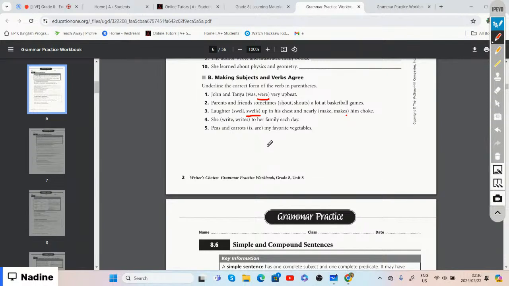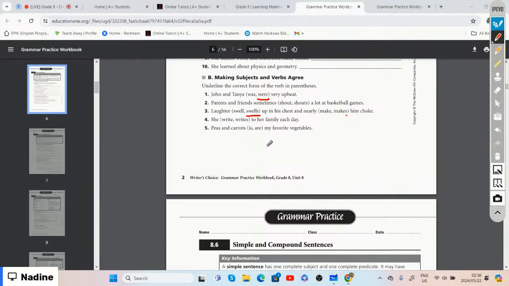All right. So if we say she write or she writes to her family each day, do we say she write or she writes to her family?